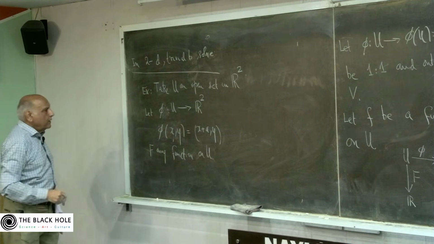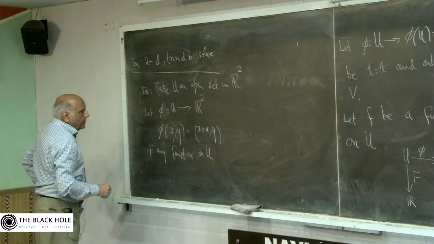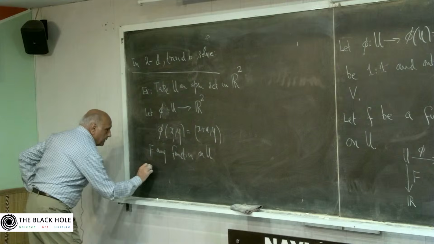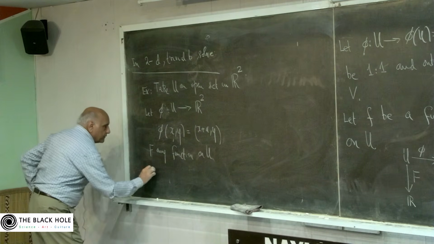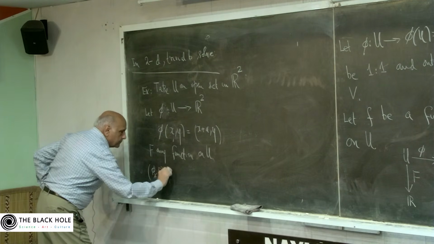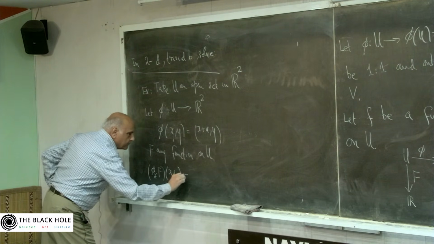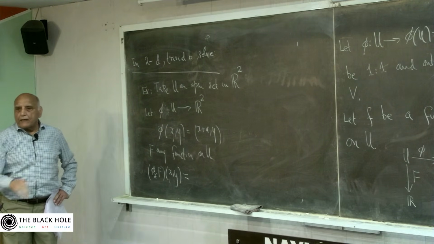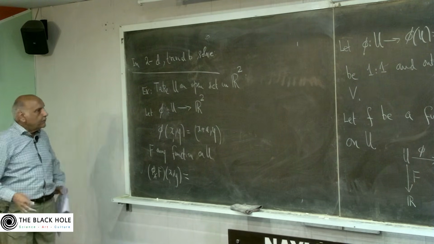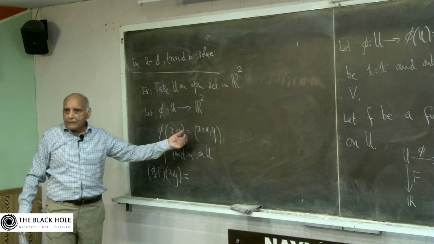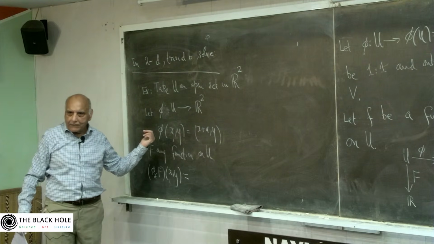Okay. So what is phi lower star of f at a point (x, y)? It will be f composed with phi inverse. What is the inverse function of this? X goes to x plus a, so the inverse would be x minus a, right?